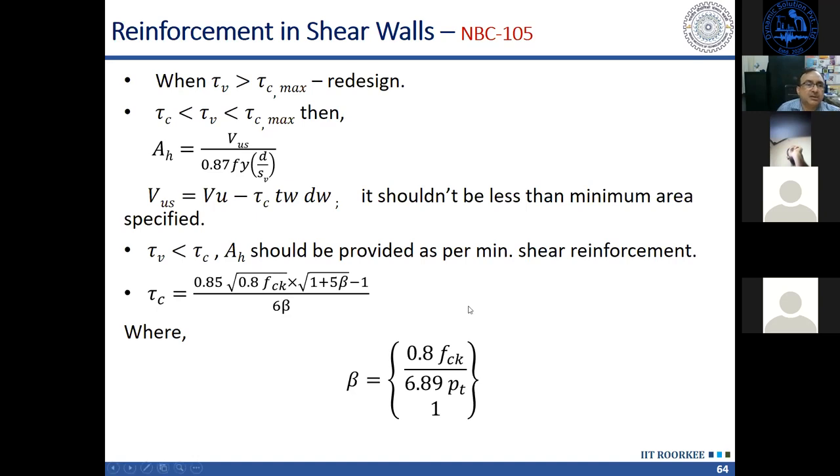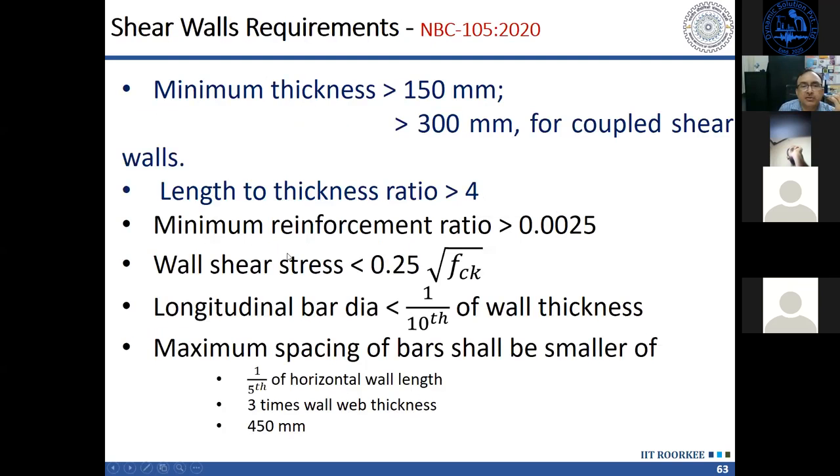And this concrete shear stress tau c, you can get either from IS 456 or using this expression. So using this expression, you can calculate the permissible tau c, and if the average shear stress in my shear wall, tau v, is less than this tau c, then I will provide the minimum reinforcement of 0.25%.